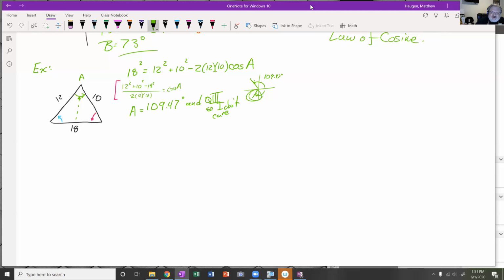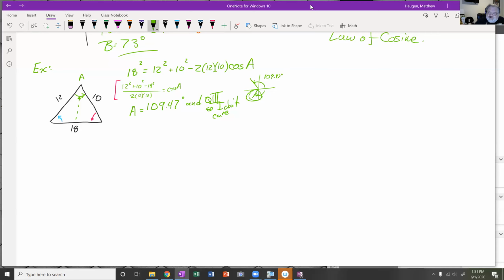Can a quadrant 3 angle live in a triangle? No, you can't have an angle over 180 degrees in a triangle. So it's not going to matter.